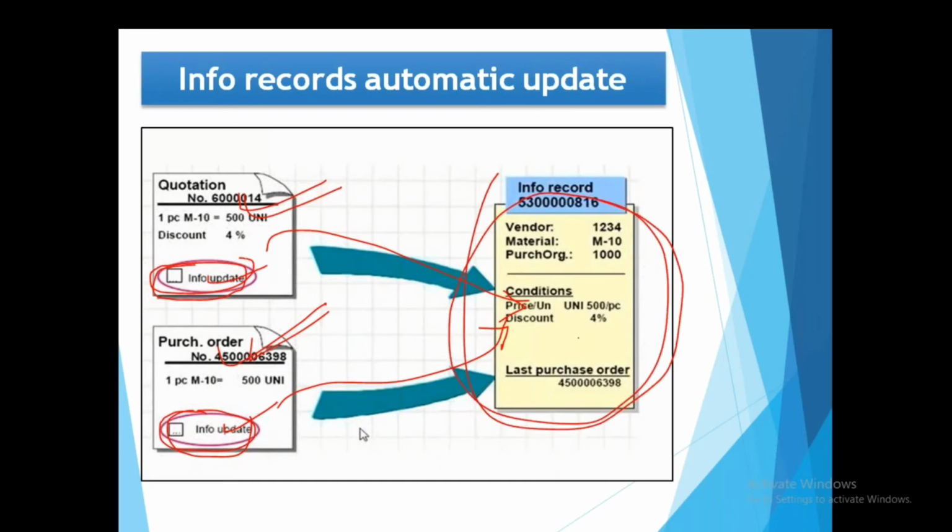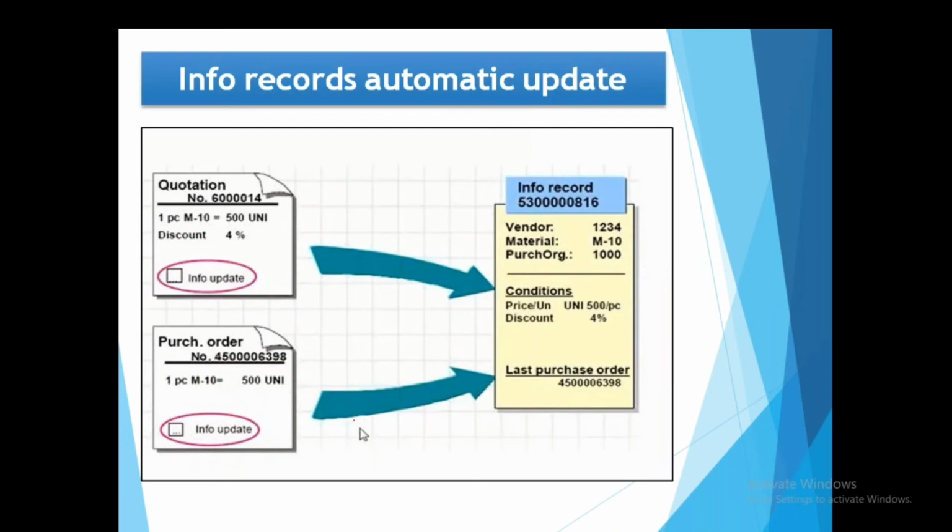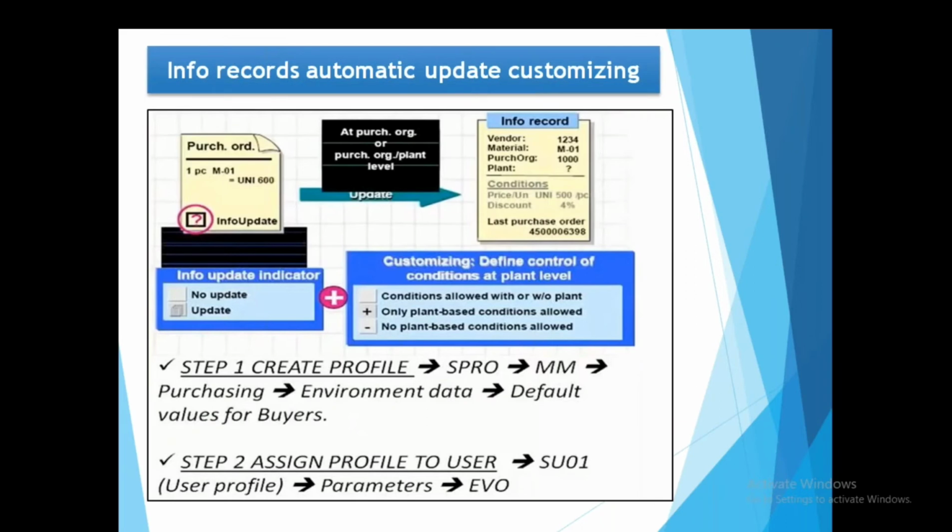Let's say your current price is 450 INR or euros per piece. Now in the quotation or purchase order you enter the new price. When you activate this info update, this new price will get updated into the purchase info record.